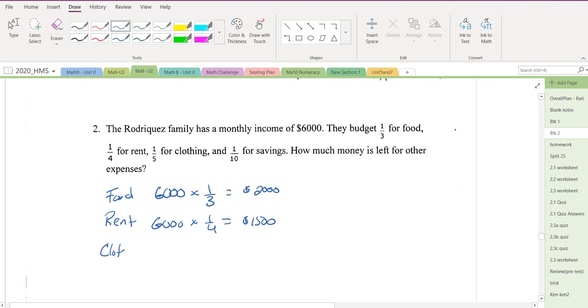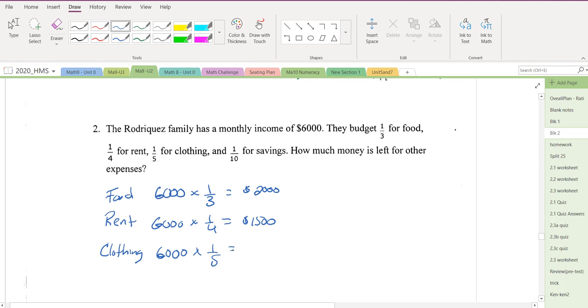And clothing. So notice that I'm writing down some words next to each calculation. It's not just a bunch of calculations that we're putting on the page, right? So somebody reading this can make sense of each calculation I am doing. So clothing was 1/5.